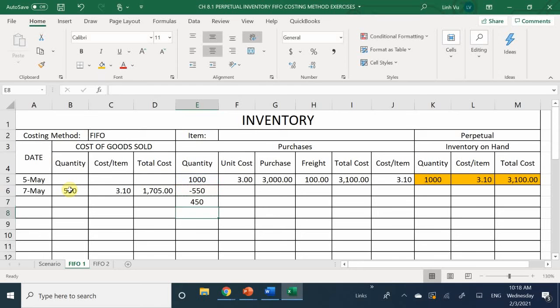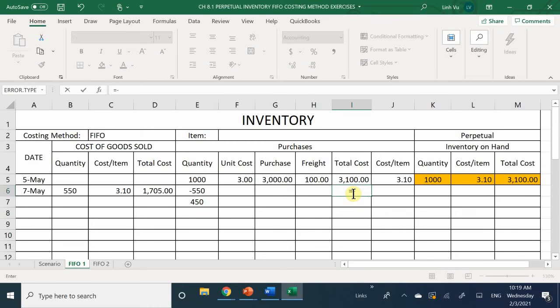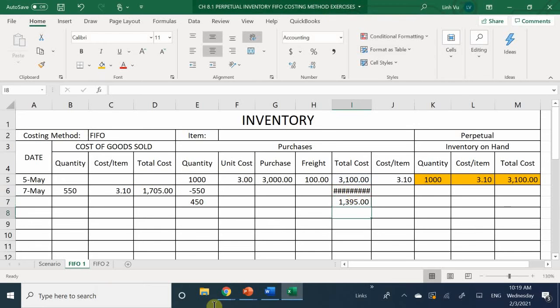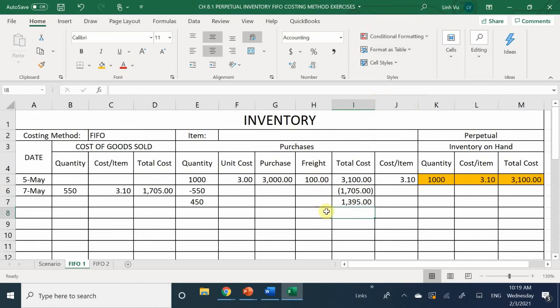So here, my total should now be 450 items because I got rid of 550. All right? And because my total was 1705, it's going to now reflect here that I should have 1395 left.